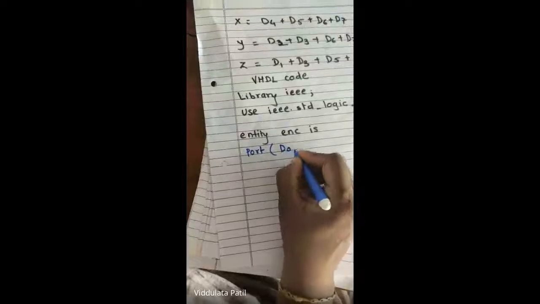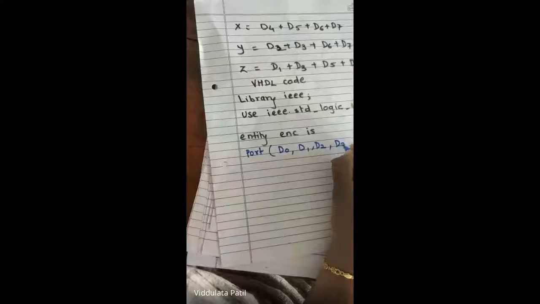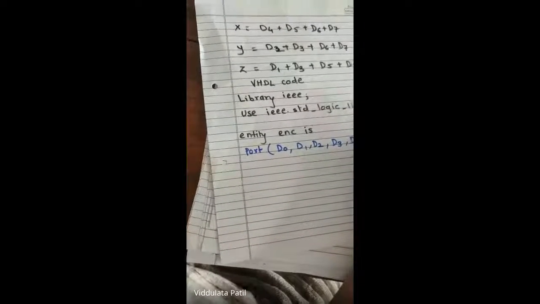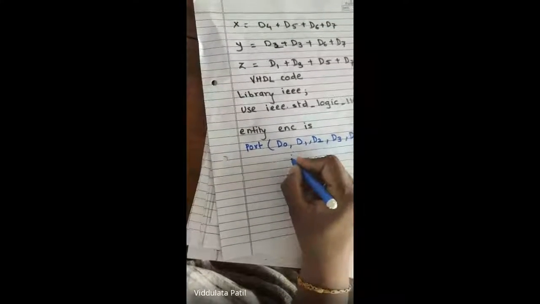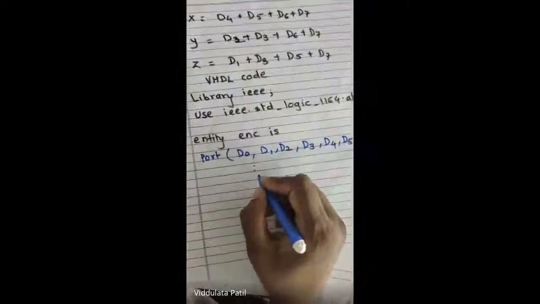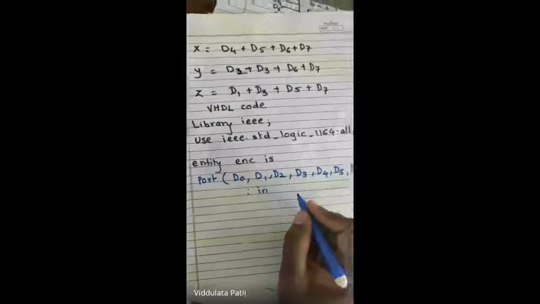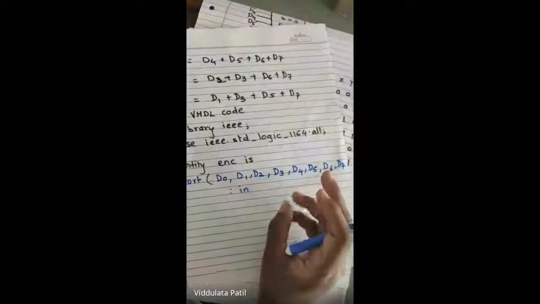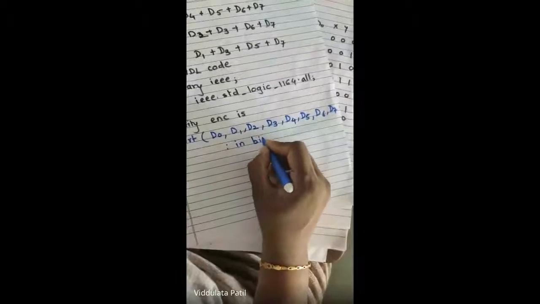So D0, D1, D2, D3, D4, D5, D6, D7. As this line is over, I'll continue here, colon, and then in. You can use a type that is bit or std_logic. Any, so for this program, I'll just say bit.